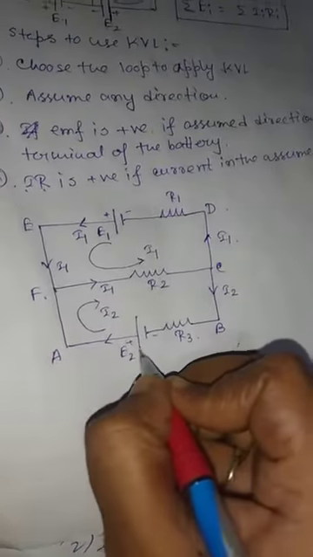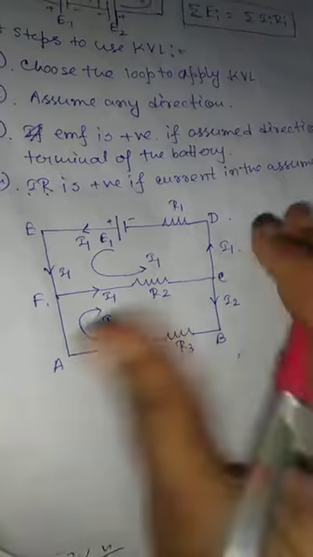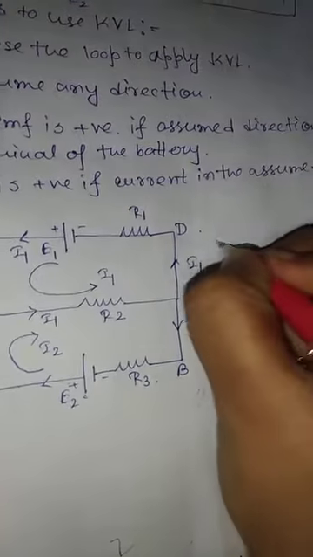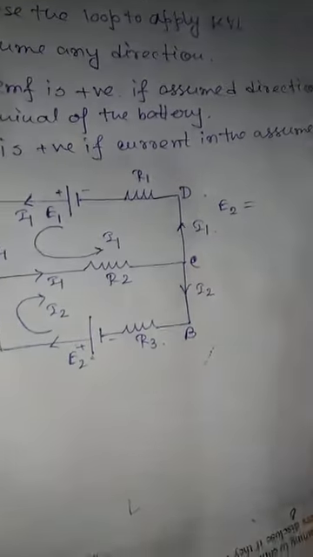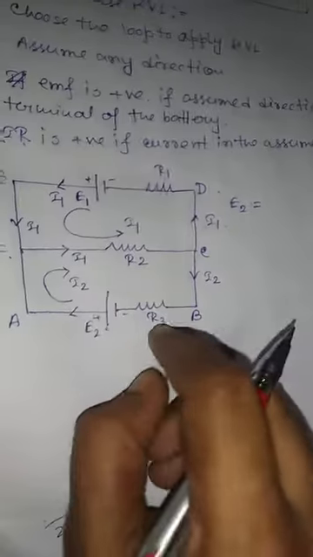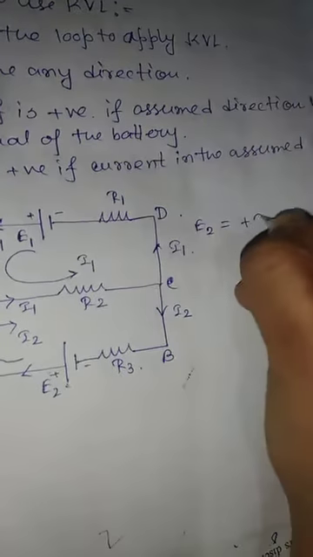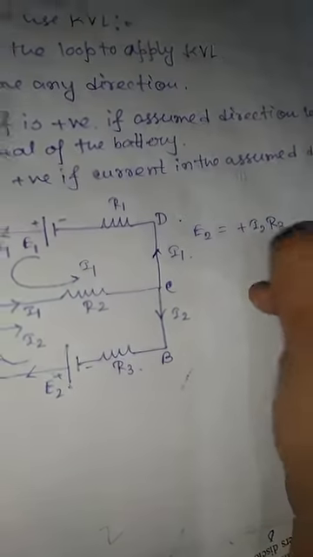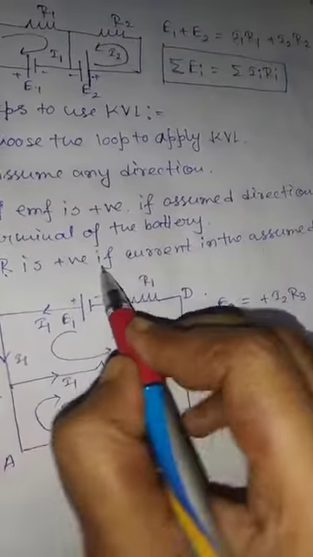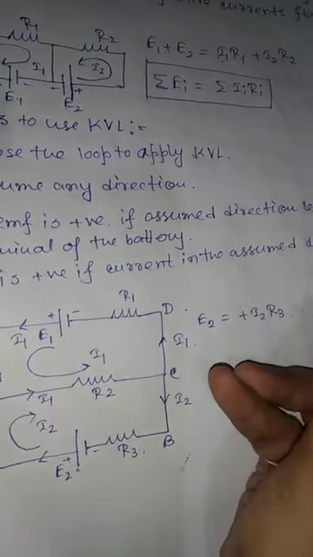First I am taking E2. For E2, what will it be? The I2 is coming in this direction, so it will be positive. So I2 R3. Look, IR is positive if the current is in the assumed direction.